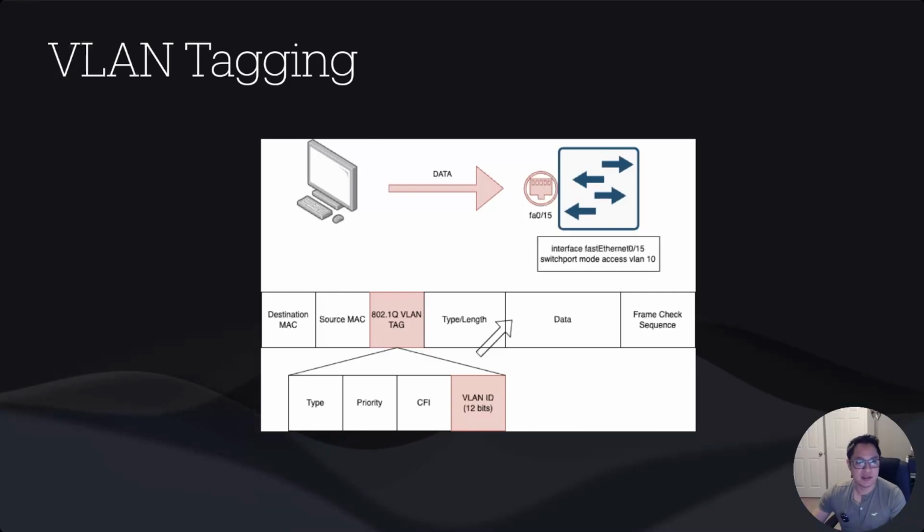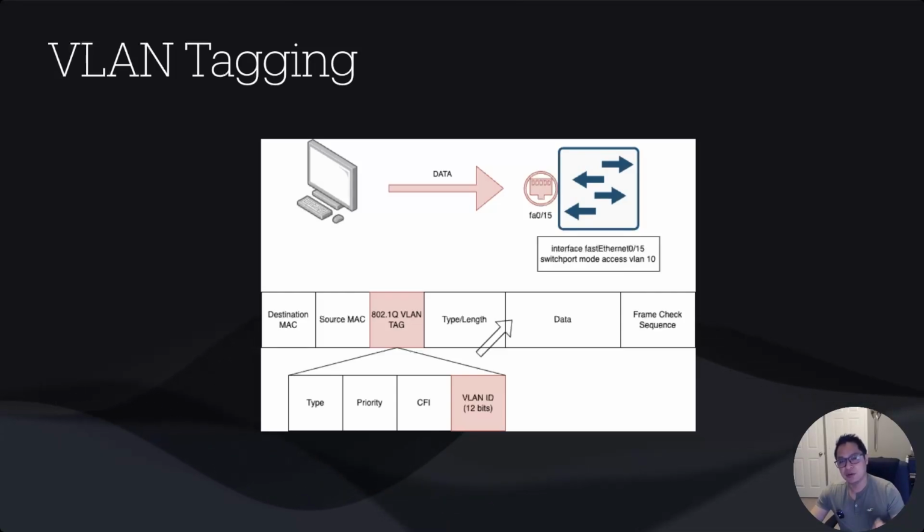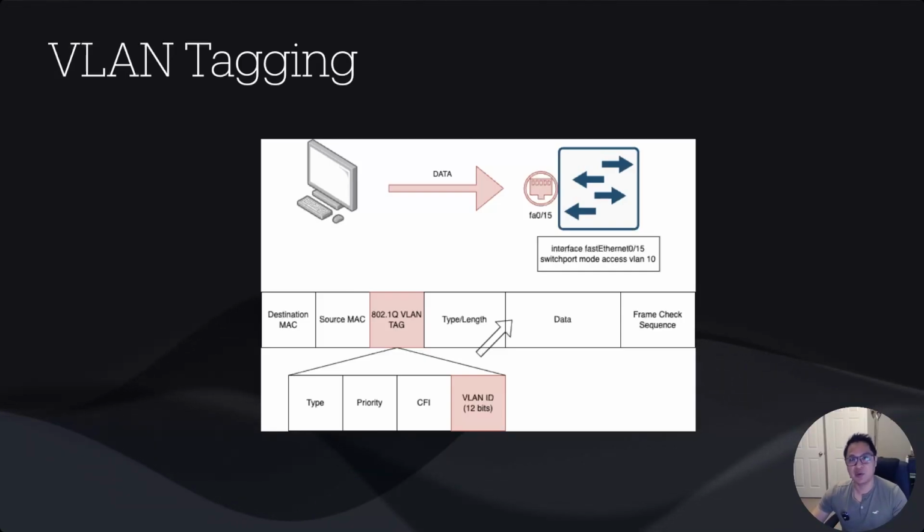And that's really it. The computer is connected to an interface, and that VLAN configuration exists on the upstream interface the computer is connected to. So this computer doesn't even know it's on that VLAN. The switch is what designates and tags that traffic.